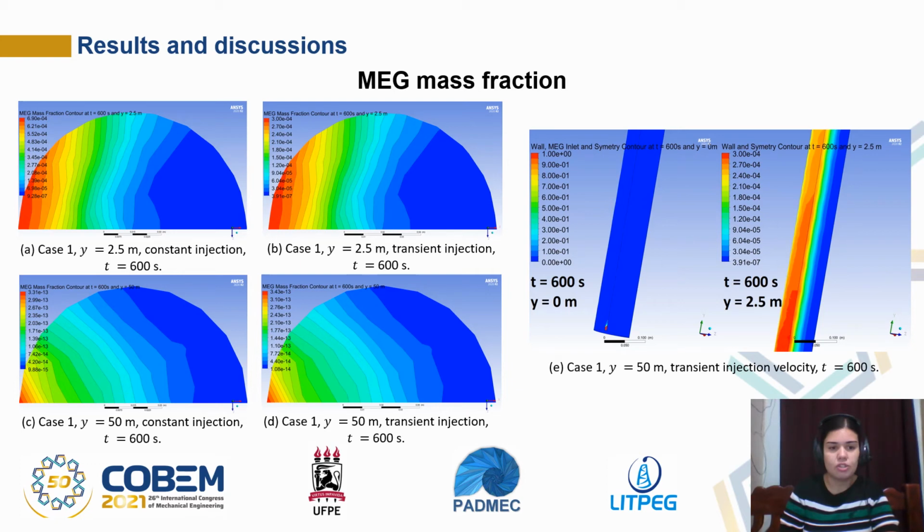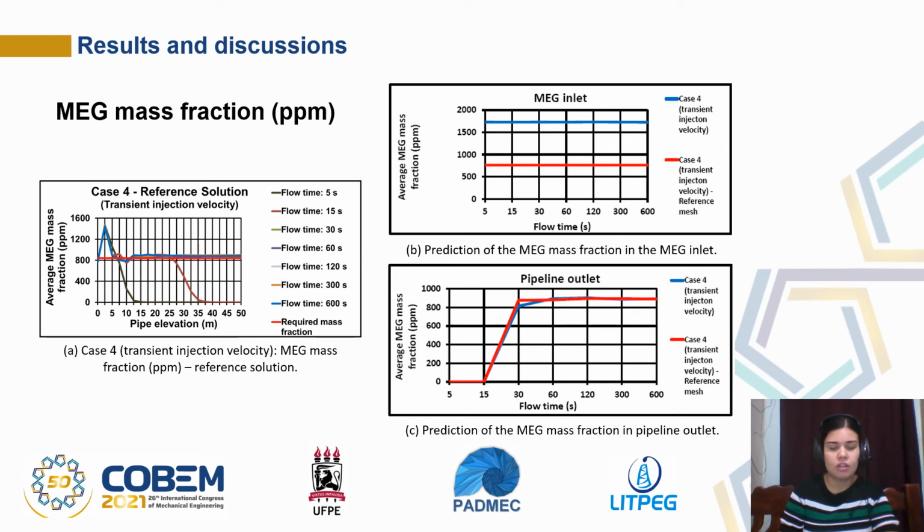Figure A shows the prediction of the mass fraction for case 4, transient injection velocity, using the reference mesh. With the reference mesh, a lower mass fraction was predicted than the initial solution for the MEG inlet.